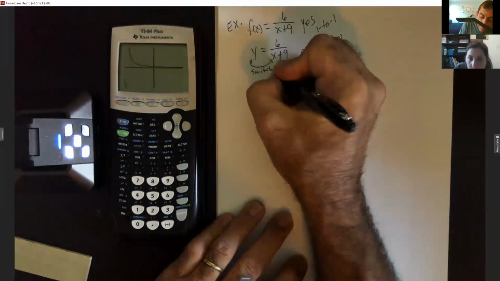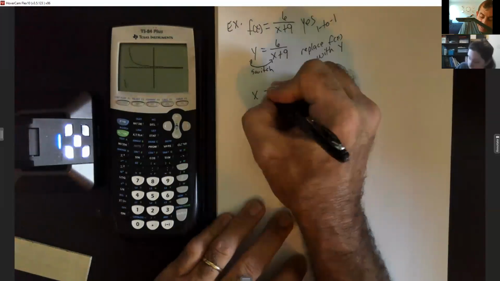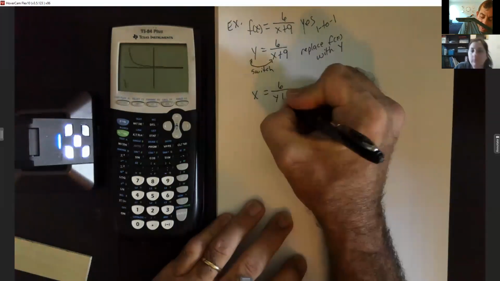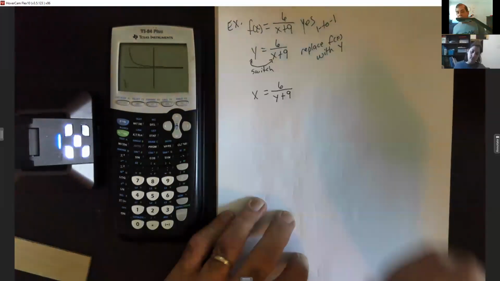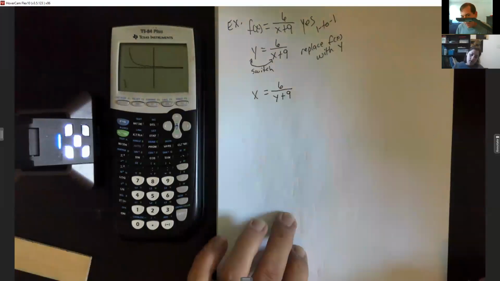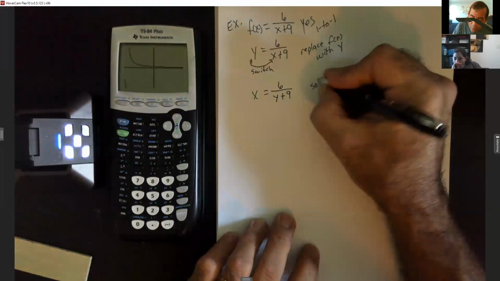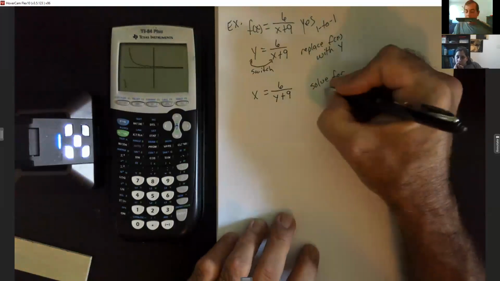So I now have x equals 6 divided by y plus 9. So now I will solve for that y.